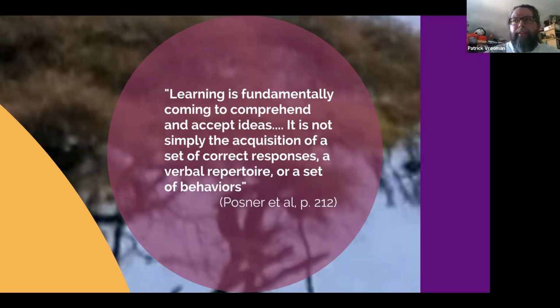And so they say, here's the quote: learning is fundamentally coming to comprehend and accept ideas. It is not simply the acquisition of a set of correct responses on the tests. It's not about a verbal repertoire, having the vocabulary, and it's not about a set of behaviors, but it's about getting students to comprehend and accept ideas.